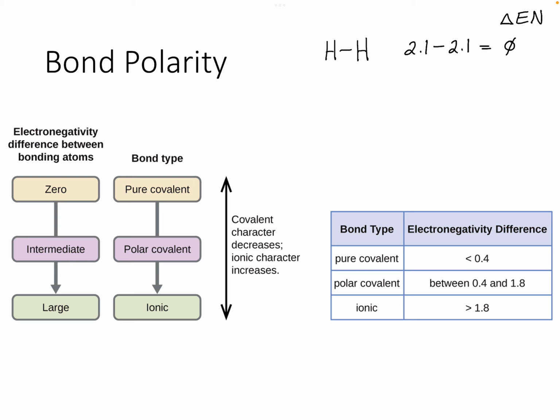If we look on our table down below, the electronegativity difference between those hydrogens is less than 0.4. So that bond between the hydrogens is a pure covalent or non-polar bond. So I'll also write non-polar here.